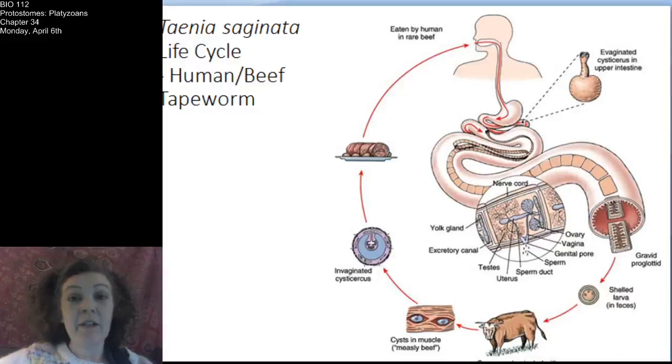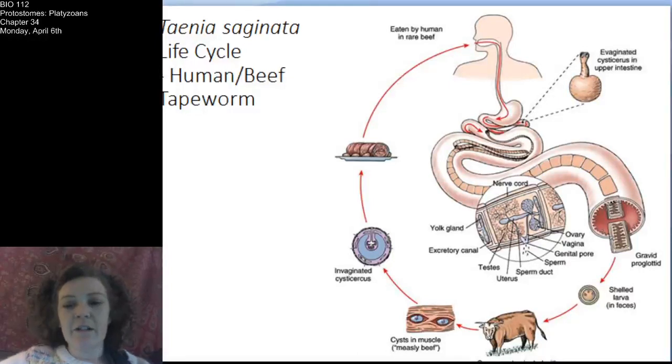Well, then you're less likely to get it. You're still unlikely to get it. It's pretty rare, especially around here, if the animals you're eating come from a place with good sanitation. But you can still get them.